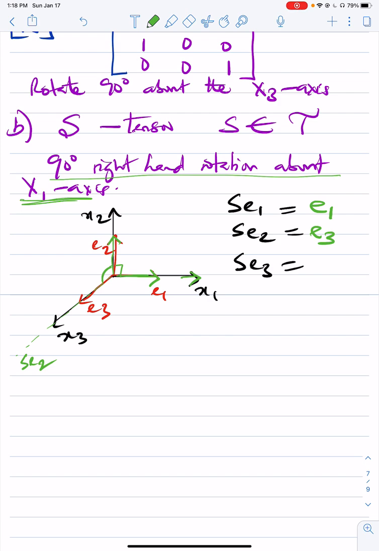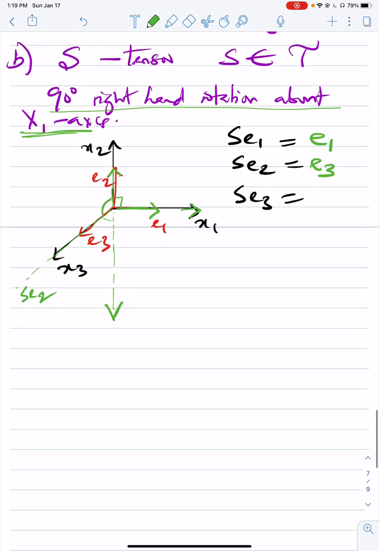Then for this E3, it moves 90 degrees too, right? If it moves 90 degrees, it moves this way, to give you negative E2, because E2 this is positive and this is negative, right?